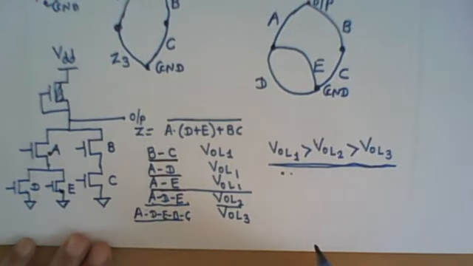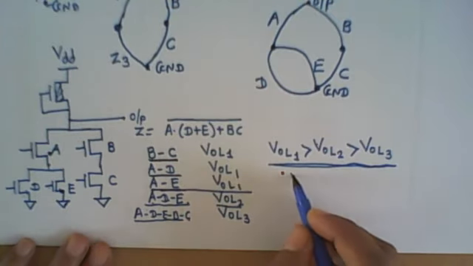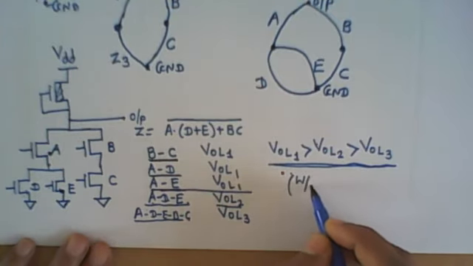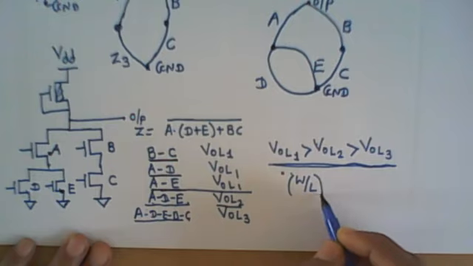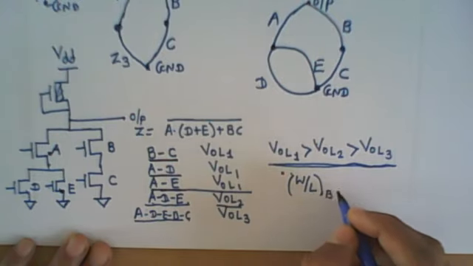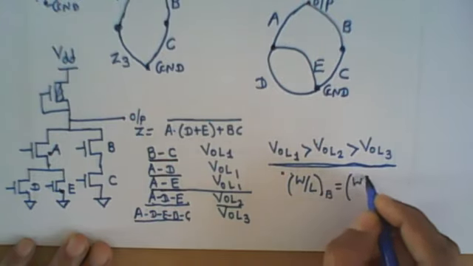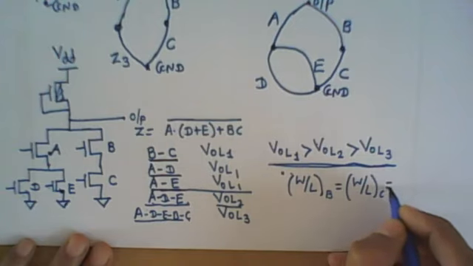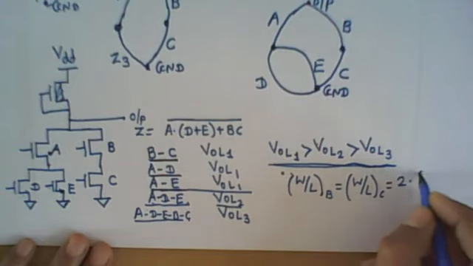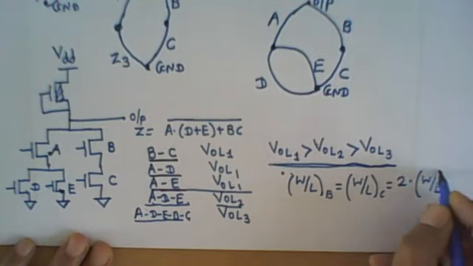So what will be the required equivalent W upon L? The W upon L we require is 2 times, suppose here the W upon L of B, here the W upon L of C. So the equivalent driver W upon L is 2 times the W upon L of B.